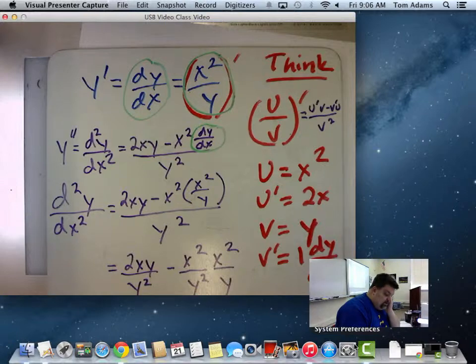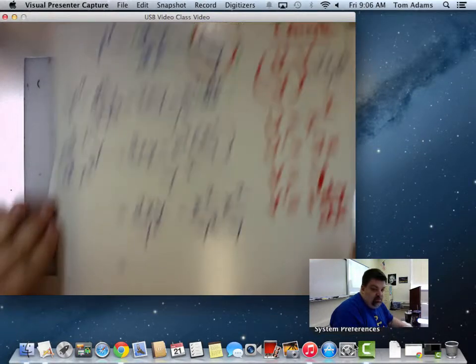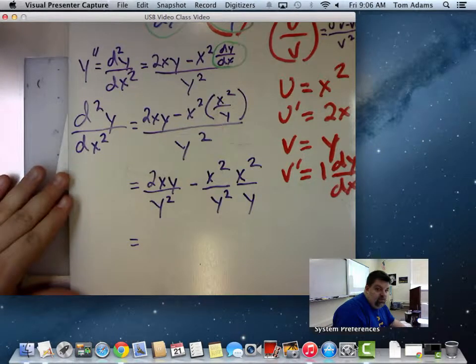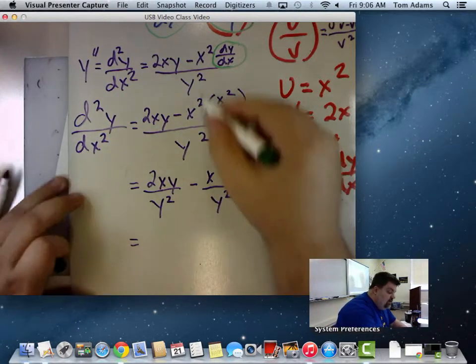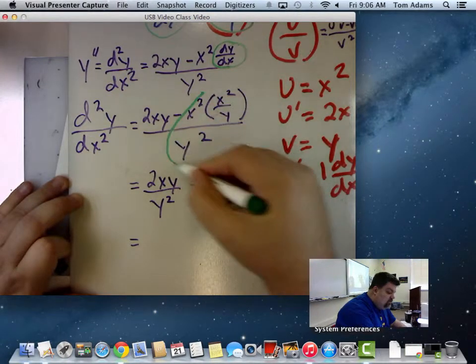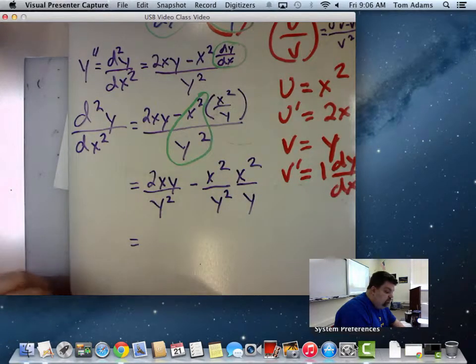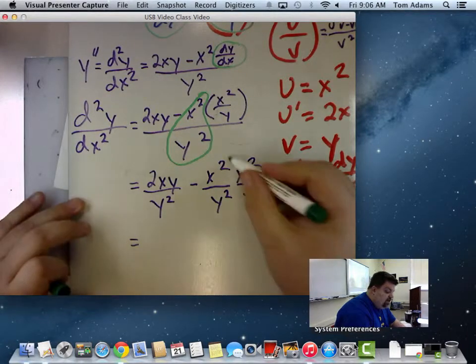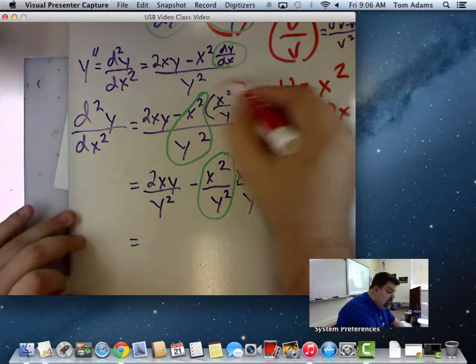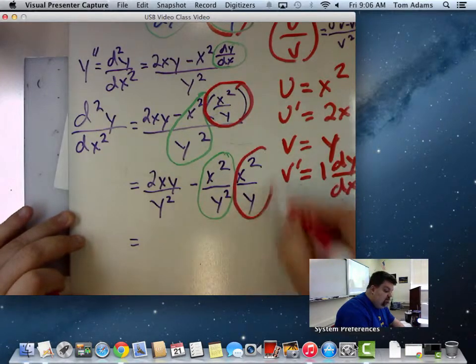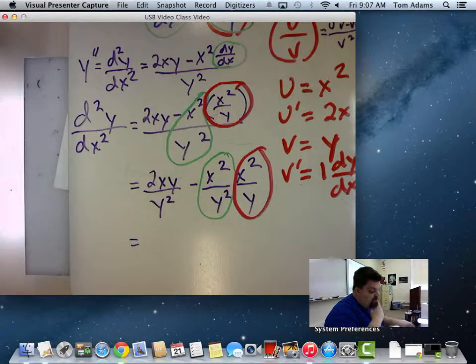Does that make sense? Think of it like this. What I'm doing is I'm going to say negative x squared over y squared, and so that's this right here. And then what else am I multiplying that by? Well, I'm going to multiply that by this. Does that make sense?